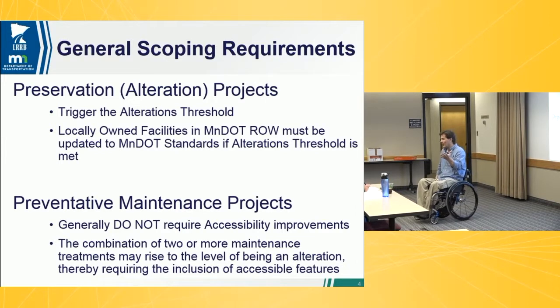What we're starting to do is ask the question on our project, when we're out there with a mill and overlay: this would be a good time, city, here are the deficiencies, or county, here are the deficiencies. Would you like to repair them with our project? Hopefully the answer is yes, and that's a great time to do it. If the answer is no, the next question is, okay, when will that facility get upgraded?